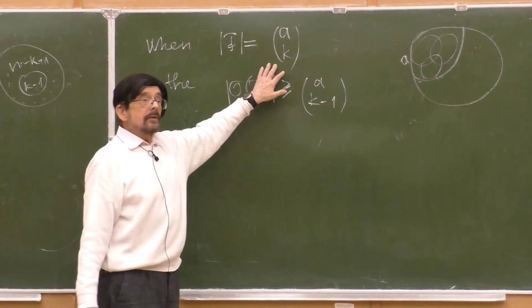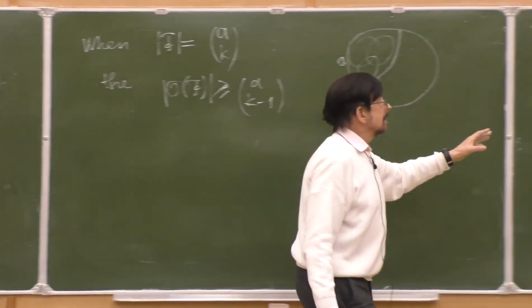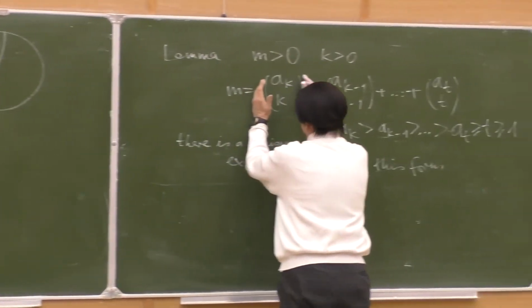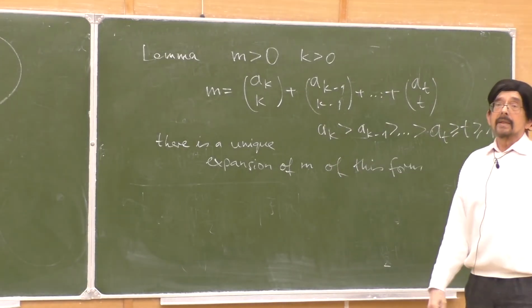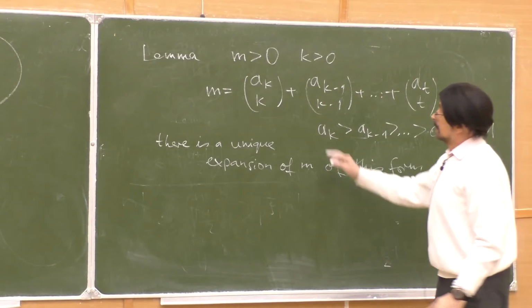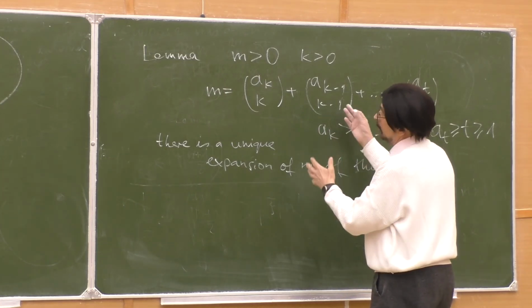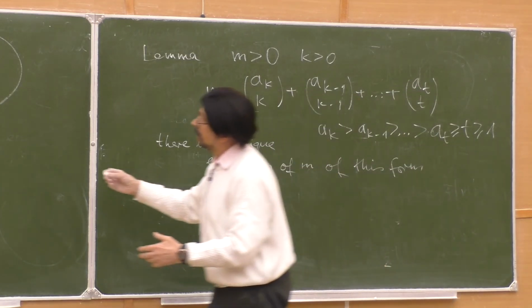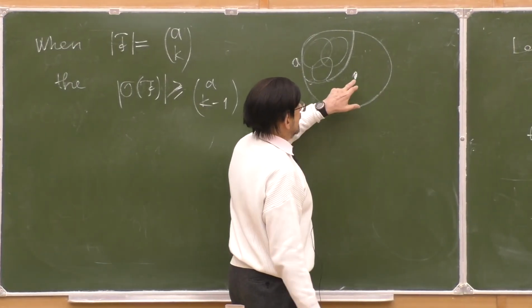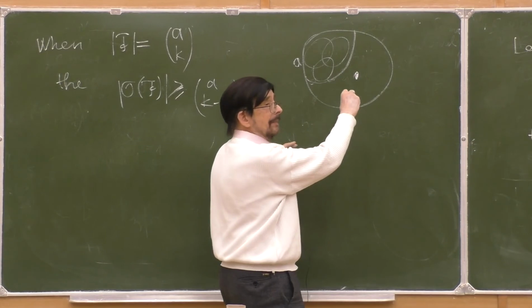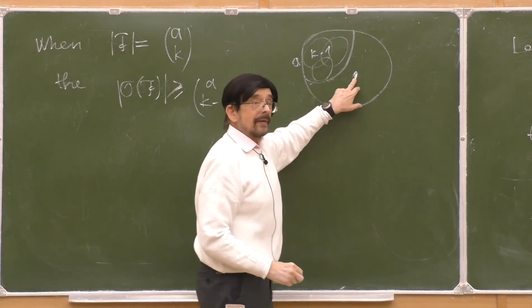That if we are not so lucky that it is something choose K, then start with this, and we do the same thing with the rest. So this is the remaining, and then we take a new point here and take those K element sets which have K minus 1 here and this one.